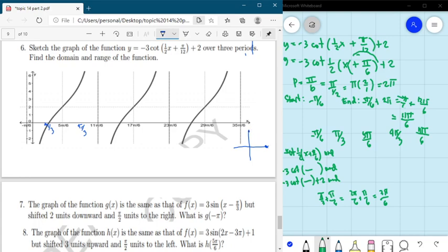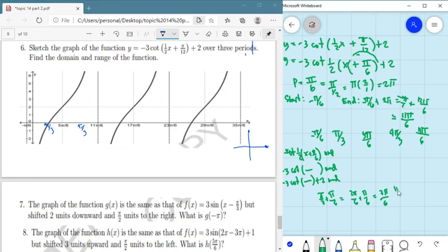So, therefore, your pi over 3 is times 1 half, right? 3 pi over 6 or pi over 2 times 1 half. So, that becomes pi over 4.